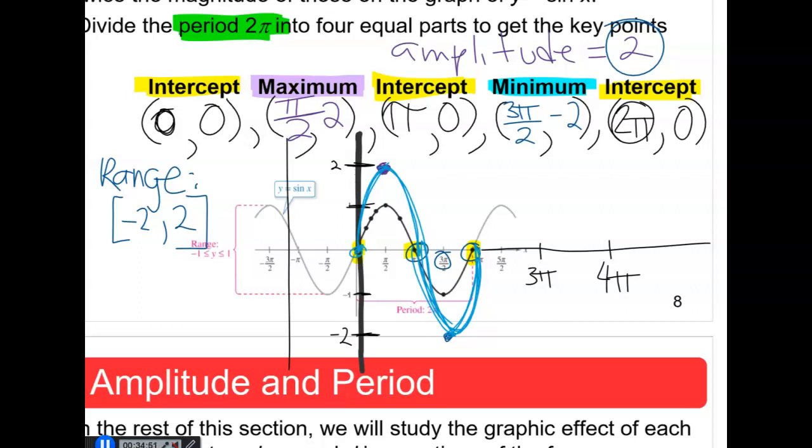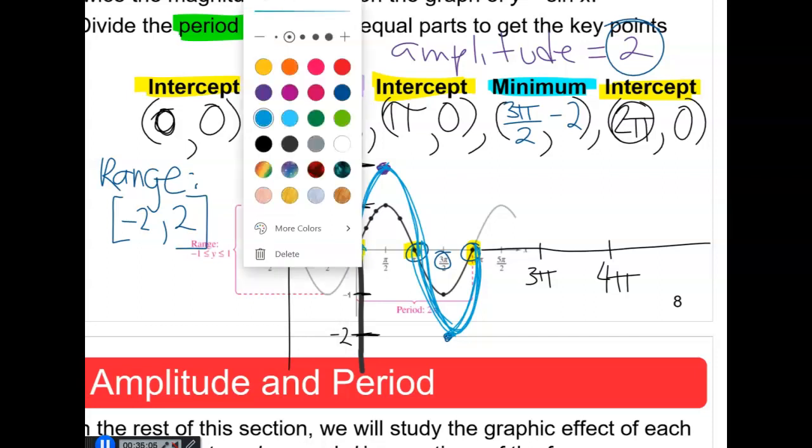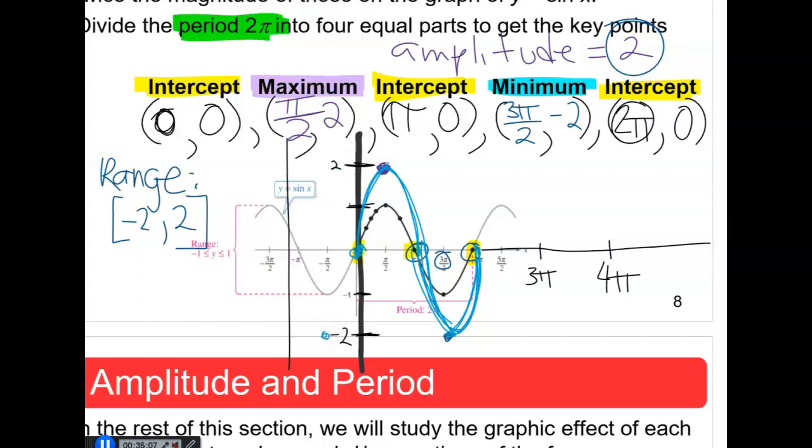So I'm going to start on the left side of the y-axis. From the origin, I'm going to go down to another minimum point, which will occur right here at negative pi over 2, negative 2.